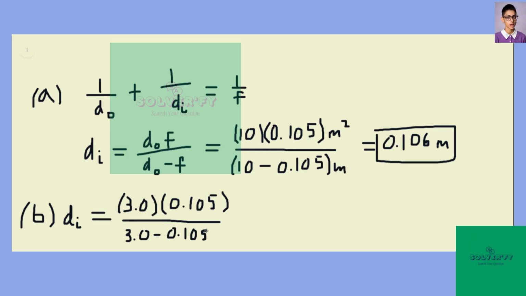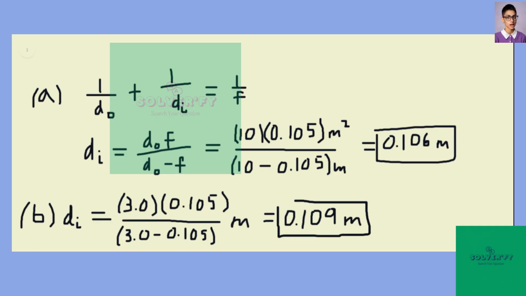And of course, we know that this entire expression is going to end up giving us units of meters, so we'll just write units of meters outside here. So carrying out this operation, we find that this is equal to 0.109, and then the units here are meters. We can go ahead and box that in as a solution for part B.